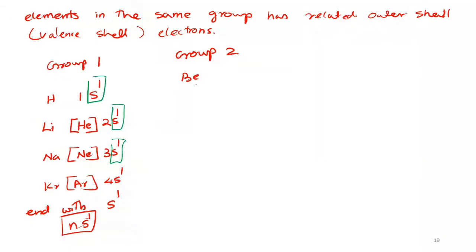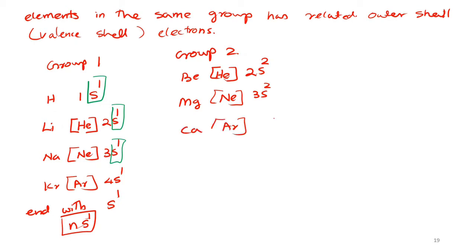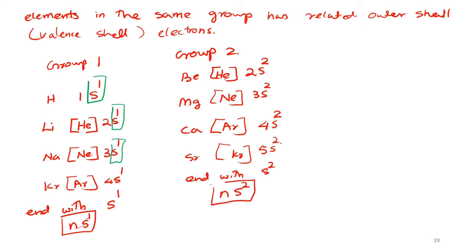And if we write electron configurations for those, we will end up with this kind of a pattern. So they all end with s2. If not, I can write ns2 kind of a pattern.